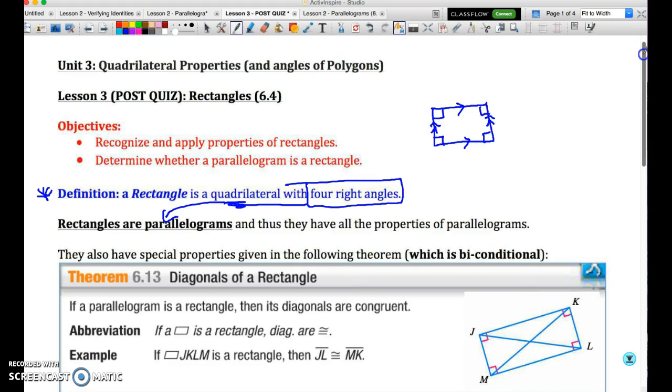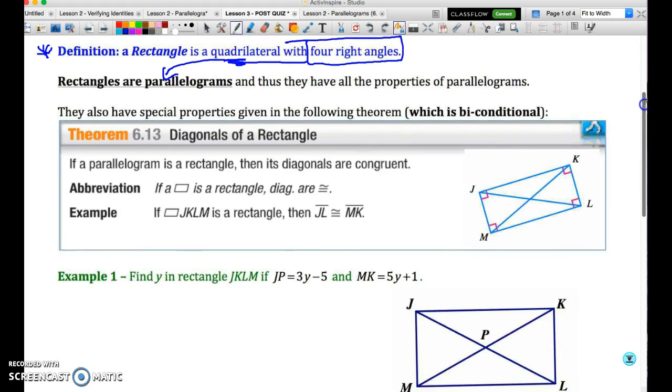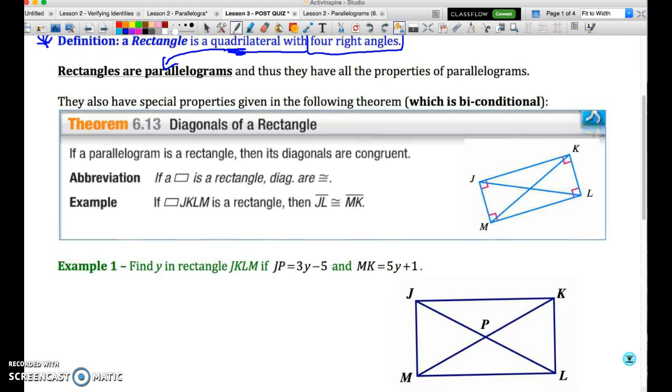Okay, and so there is one additional characteristic of a rectangle, and that is that the diagonals of a rectangle are congruent. You will recall, hopefully from the previous lesson, that the diagonals of a parallelogram bisect each other.